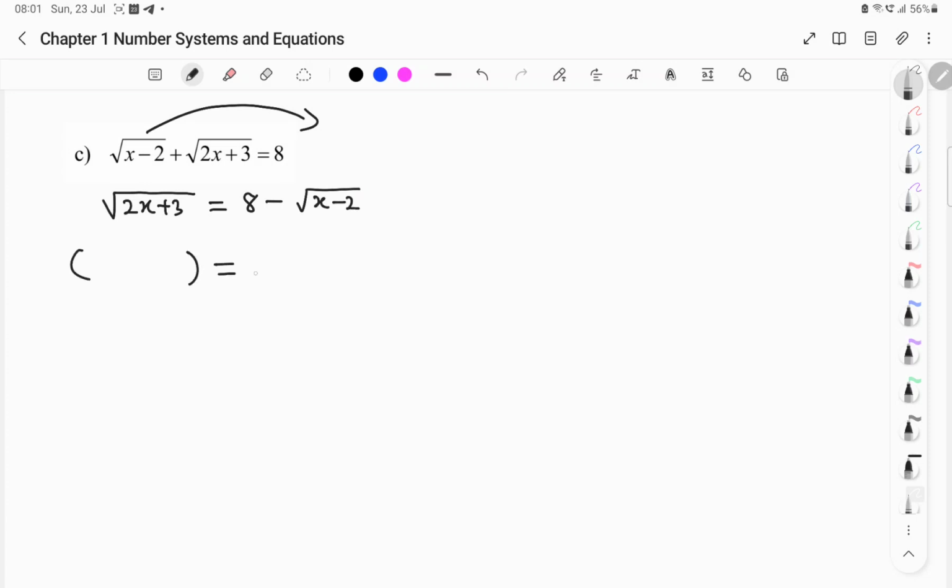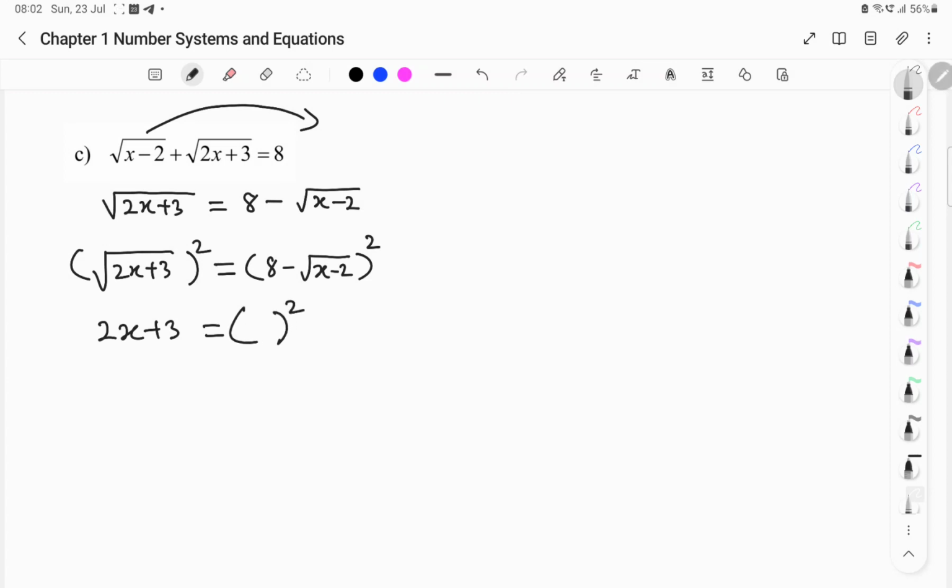Then we square both sides. Okay, so this one square root of 2x plus 3. This one is 8 minus square root of x minus 2. Okay, so the left hand side right away becomes 2x plus 3. Okay, the right hand side we can use my technique just now.